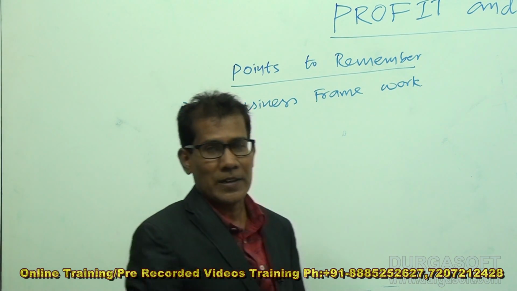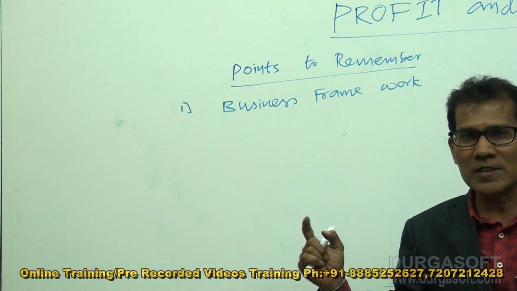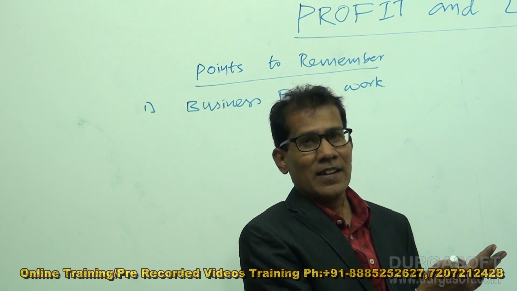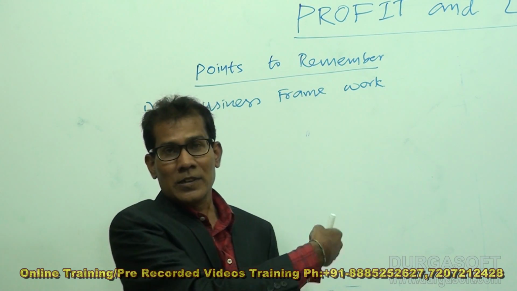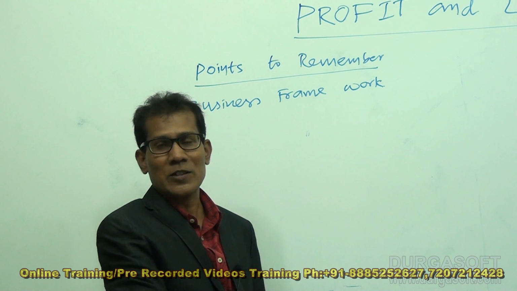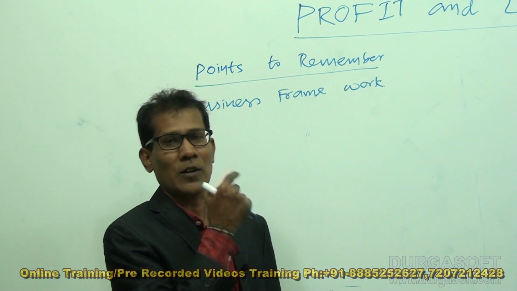What is the business framework? It means where the business starts and where it ends, and how all this terminology we learned is used from the start to the end of the business.